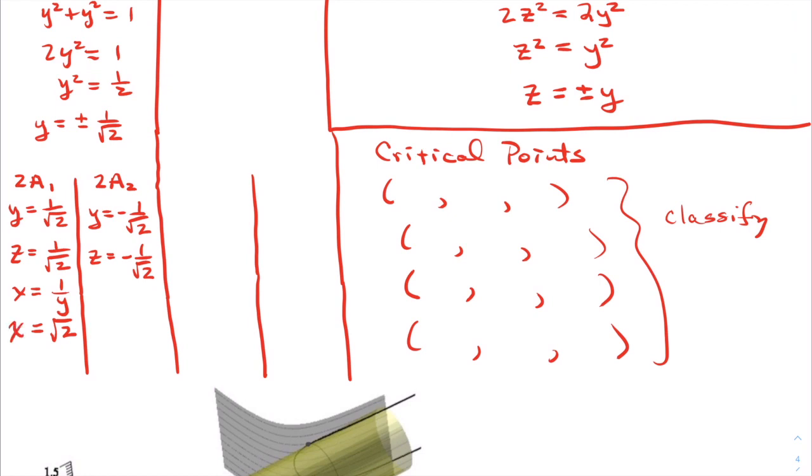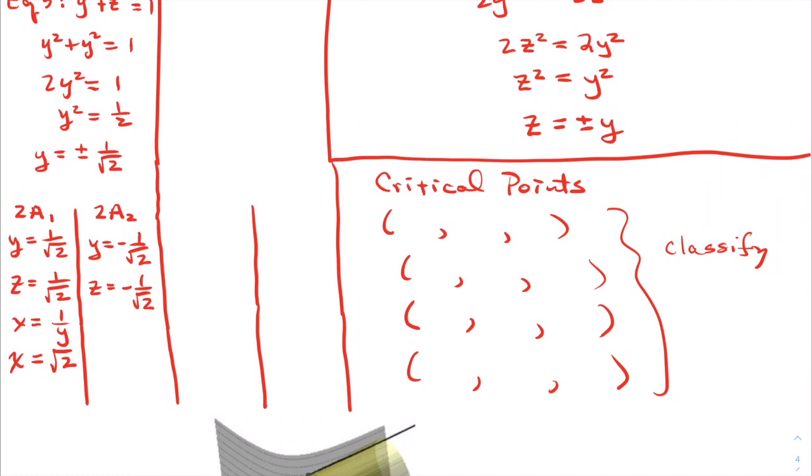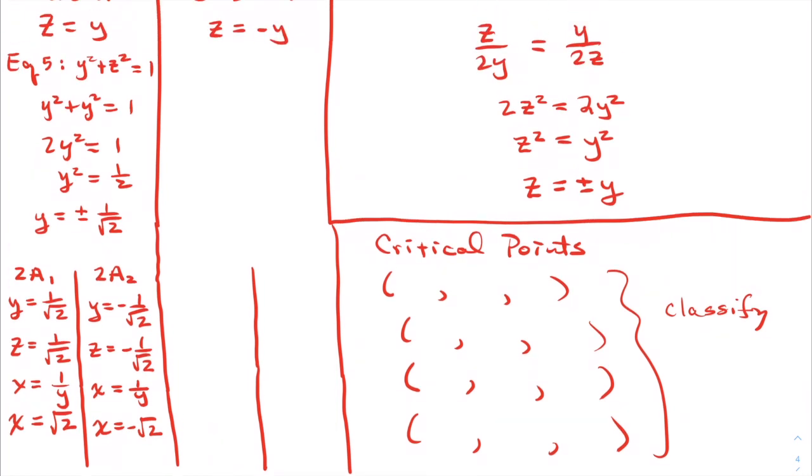In 2a2, x is still 1 over y. So that'll be negative root 2. Okay, so that's all under case 2a.